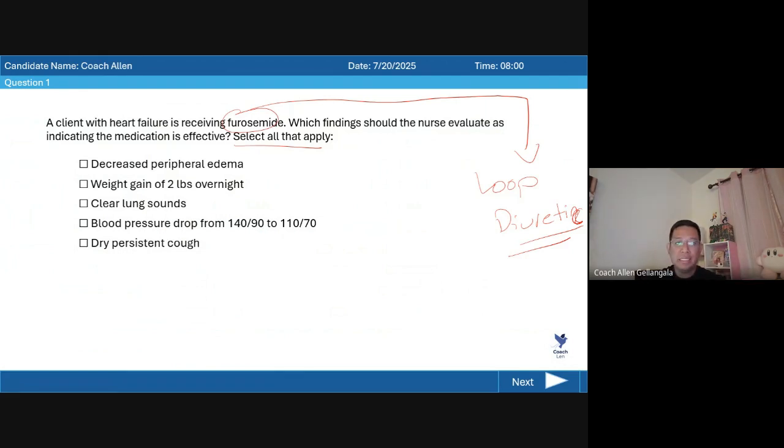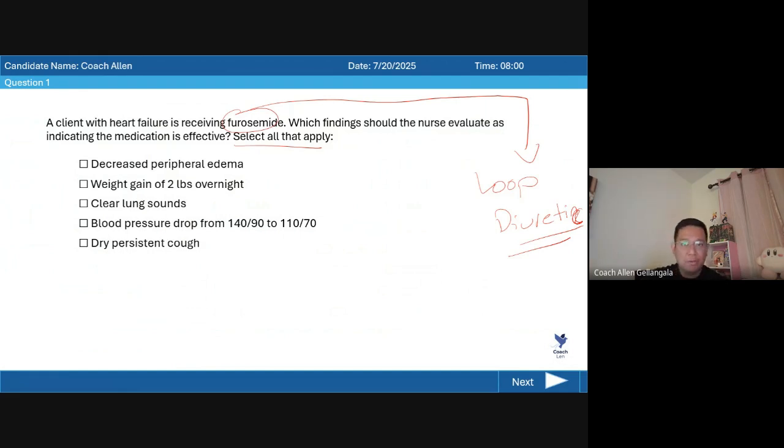In most cases, if there is water retention, there would also be a problem with the quality of your circulation. Therefore, perfusion is being affected, and nutrient transfer becomes compromised. Now, since we've already given this to the patient, let's evaluate.